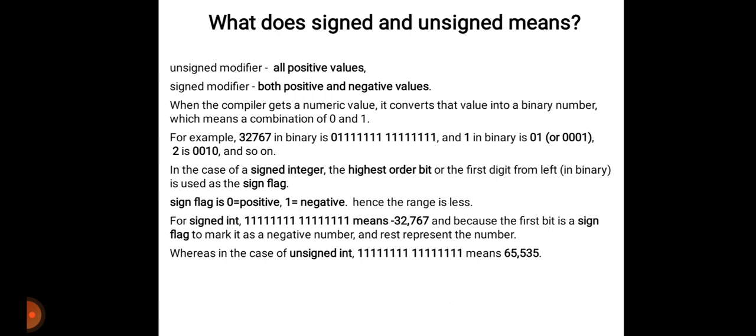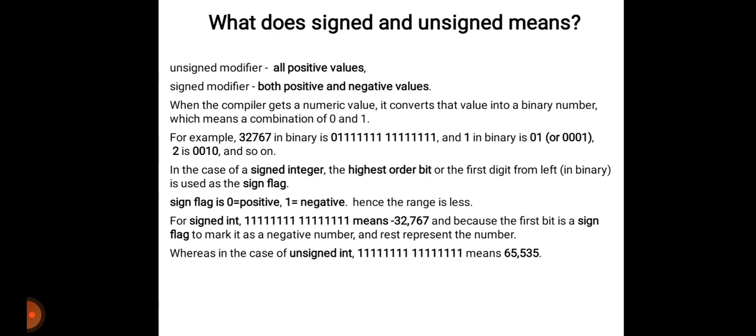One's binary is 01 or 0001, 2's binary is 0010, and so on. In this case, for the signed integer, the highest order bit, or the first digit from the left in binary, is used as the sign flag.